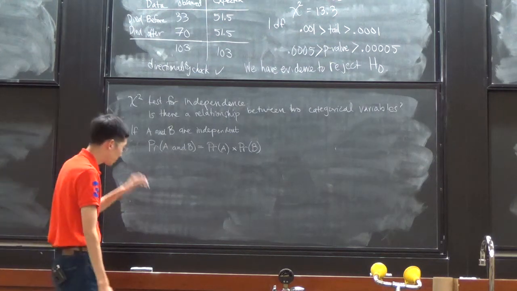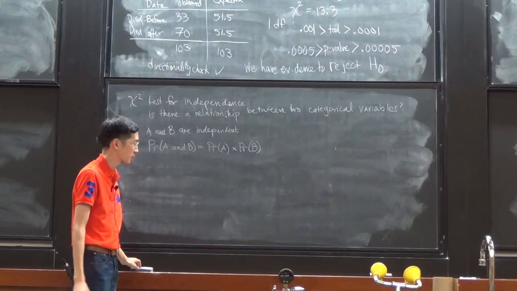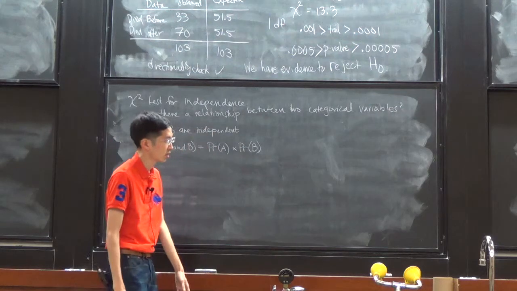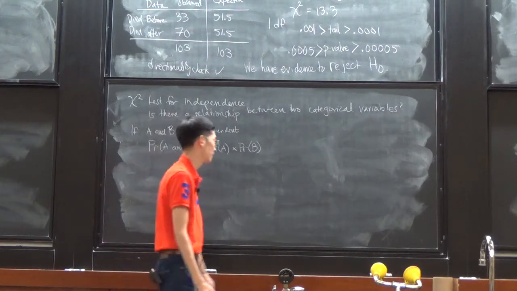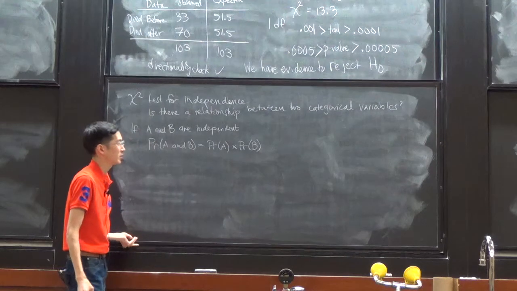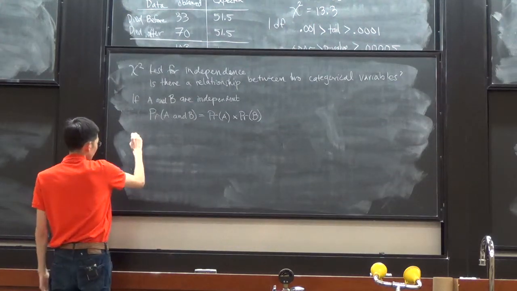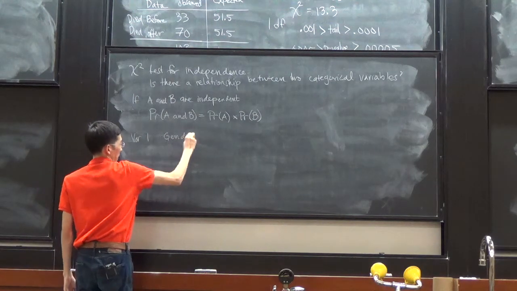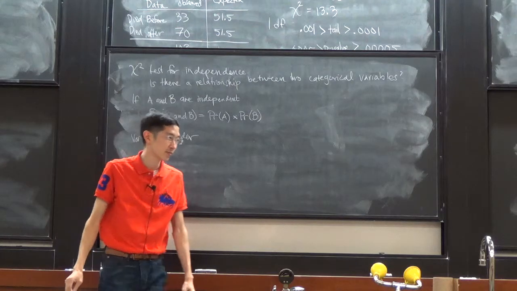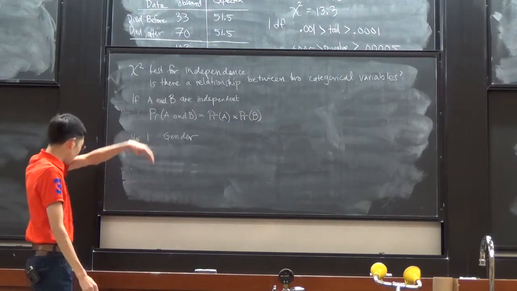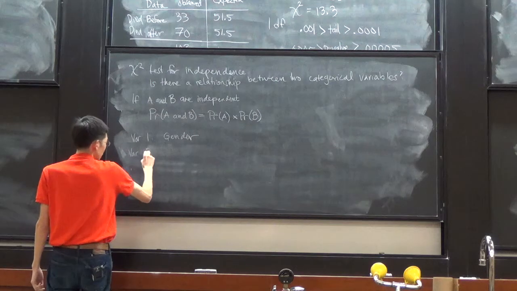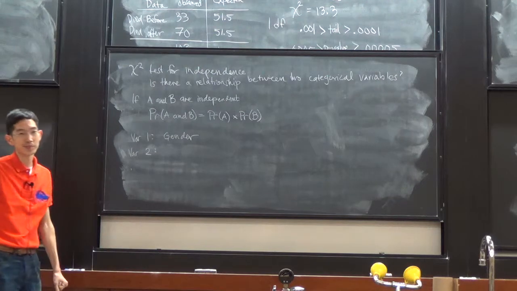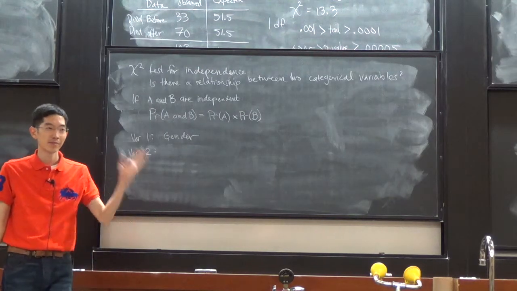Okay, so let's just do a silly example. Variable 1 will be gender, or the sex of a person, male or female, and variable 2 we will say long hair or short hair.